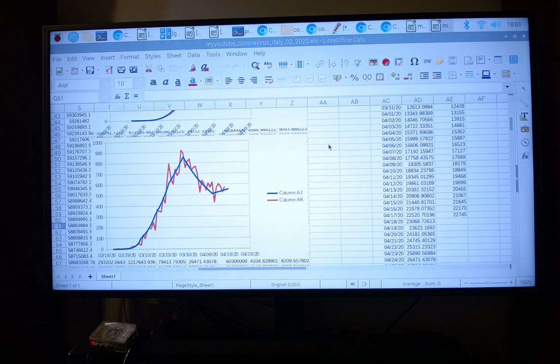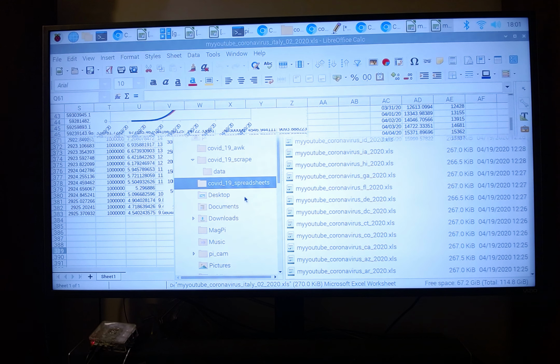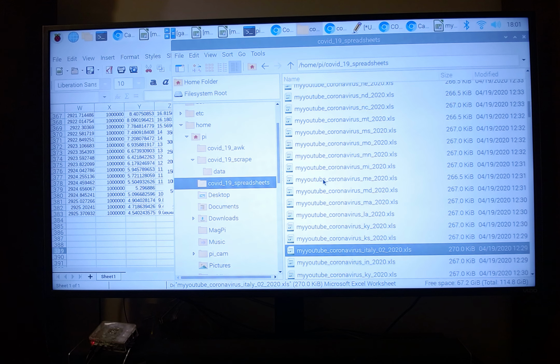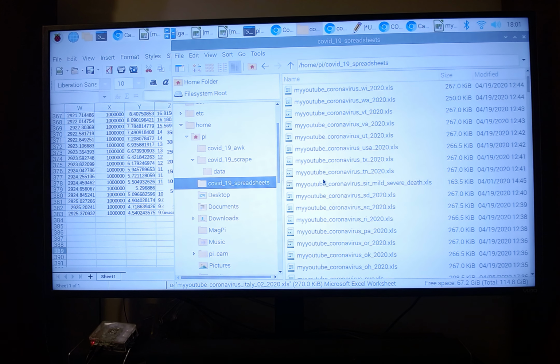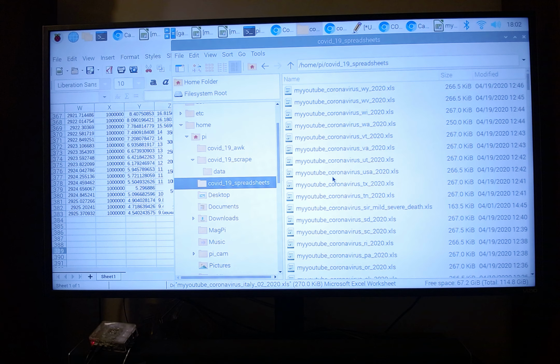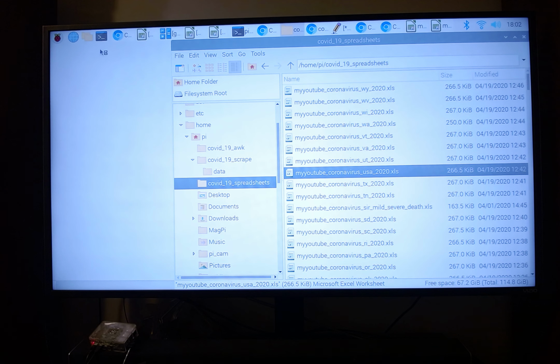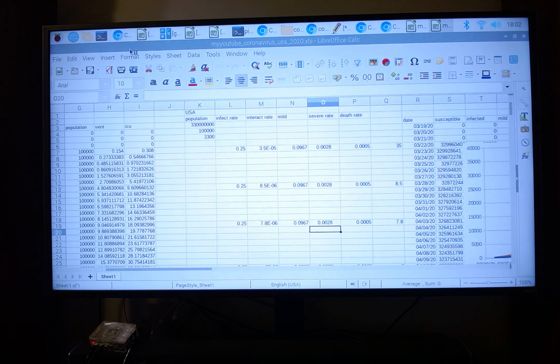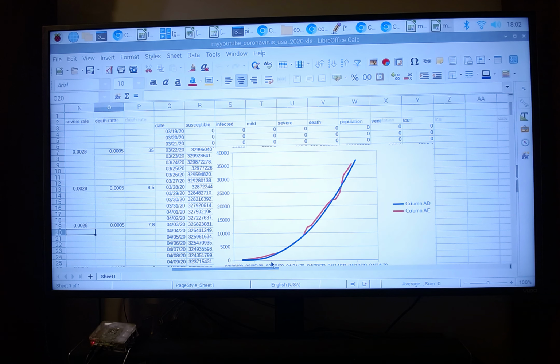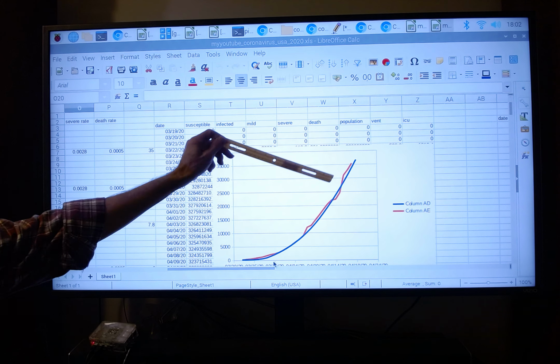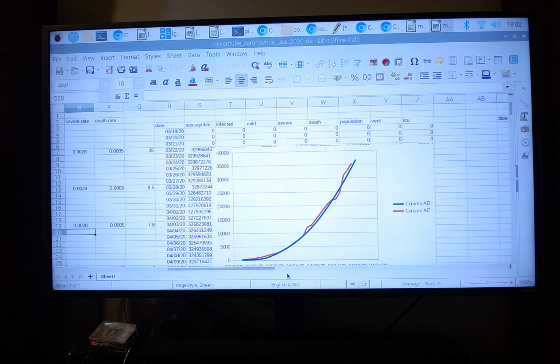So let me get my other one. USA. And this is my spreadsheet models for the USA. I'm just fitting a curve on the cumulative deaths there. I do not have access to positive tests.